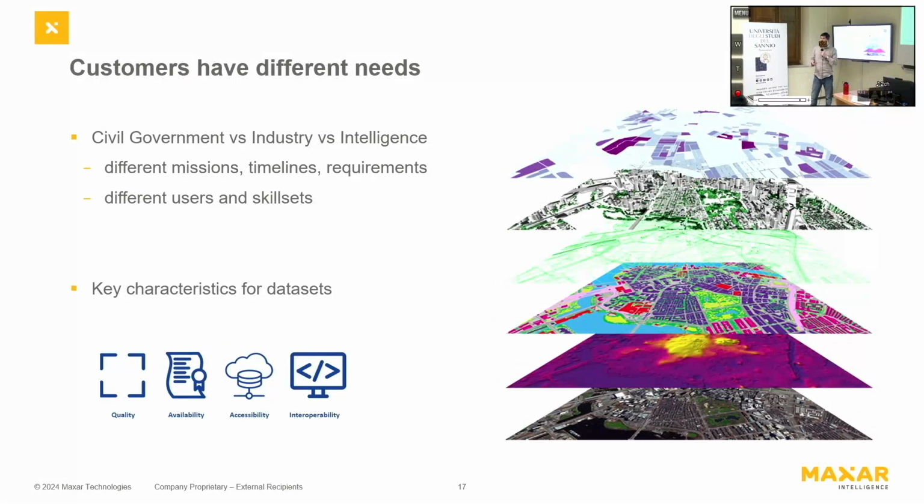You don't really want to see pixels at all. You just want the final product. And so depending on where you are in this information chain, you might want different characteristics, different types of ARD.